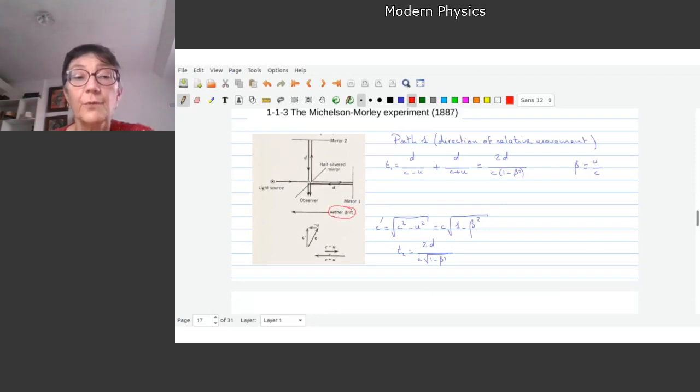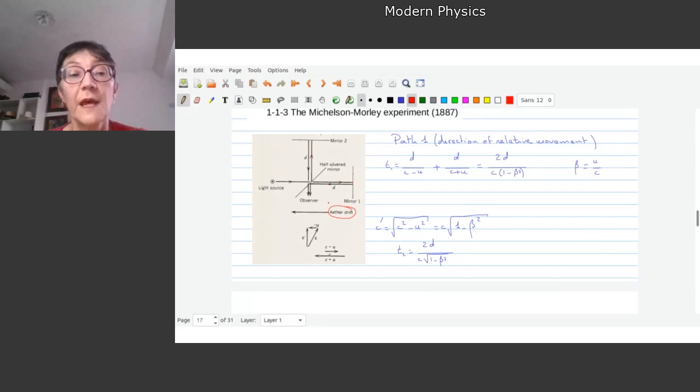I don't know exactly how you pronounce it, but ether is this medium you are looking for, actually. And so in this direction, you should have a velocity of light which is different.